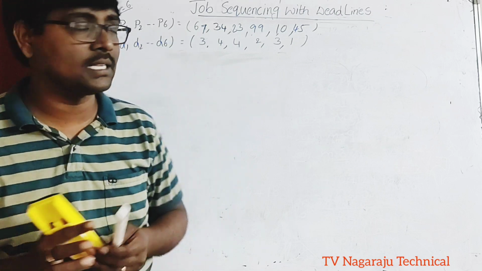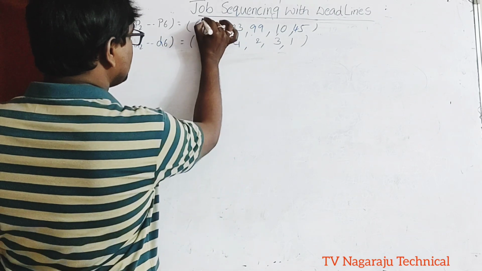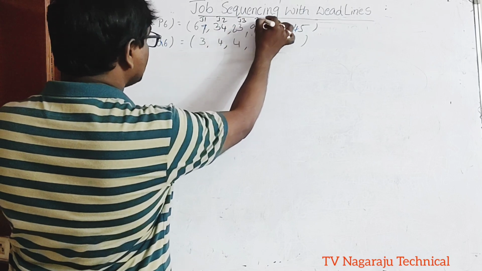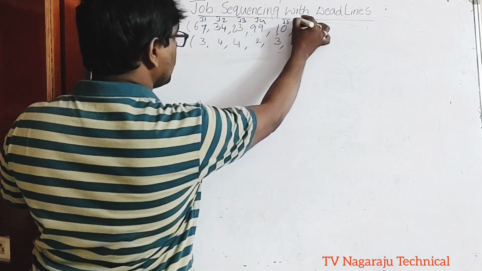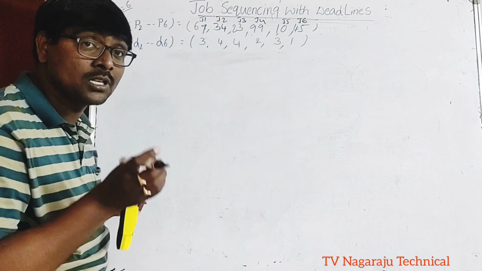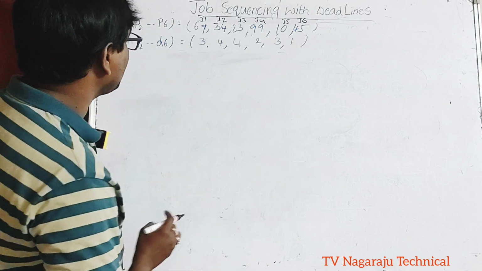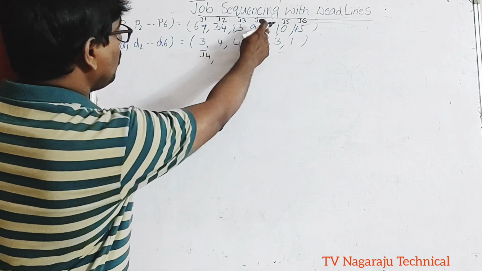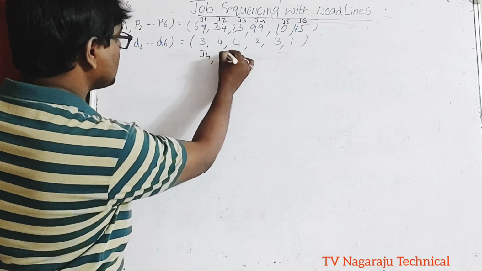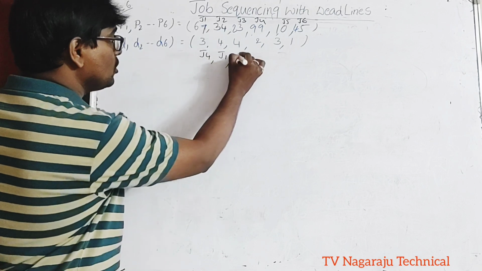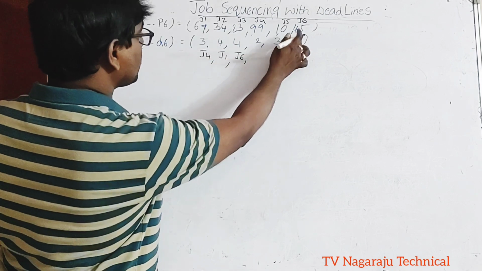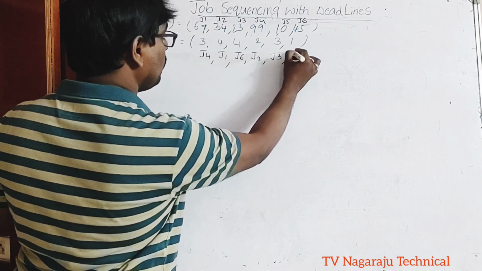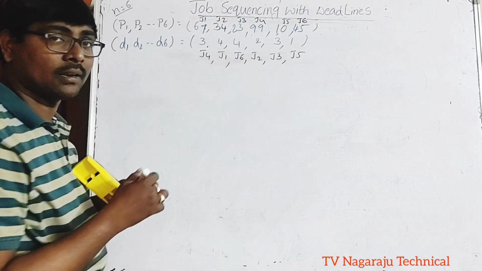So here we have job 1, J2, J3, J4, J5, J6. What is the descending order? First one is J4, followed by J1, next J6, next J2, next J3, now J5. This is the order.